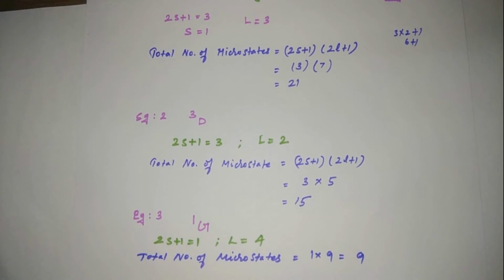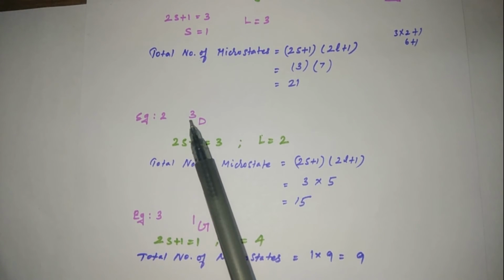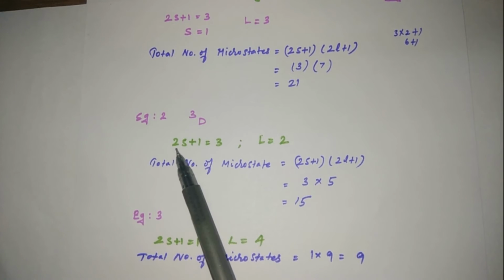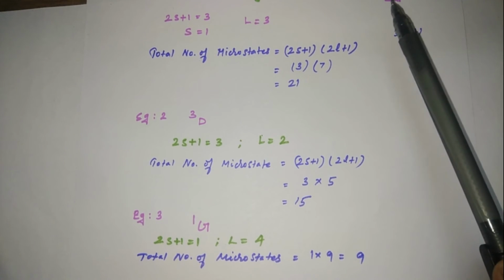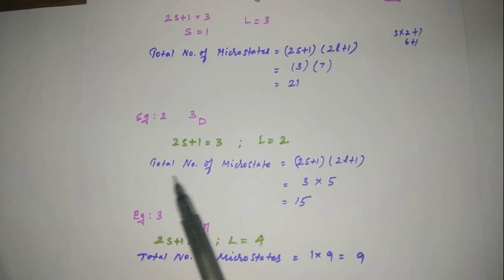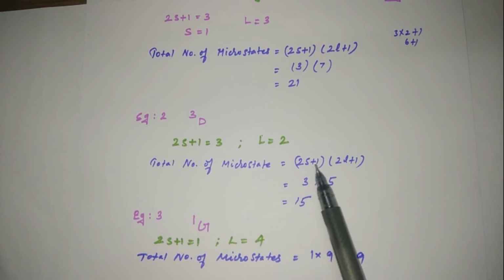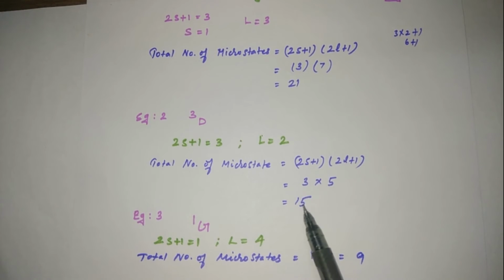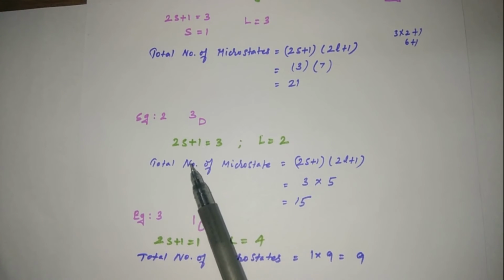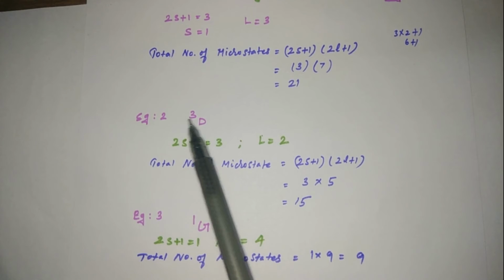In the same way, we calculate the 3D term. 2S plus 1 is equal to 3. For the D term, the value of L is equal to 2. The total number of microstates is (2S plus 1) into (2L plus 1), 3 into 2 into 2 plus 1, that is 5, 3 into 5, 15 microstates in the 3D term.